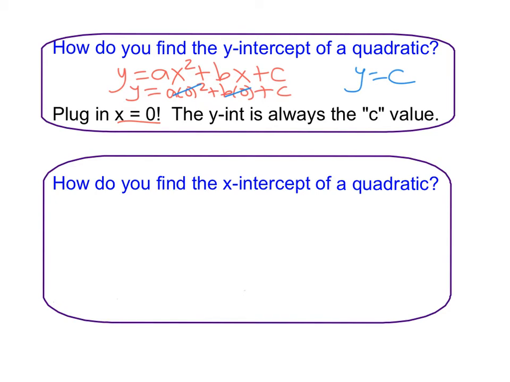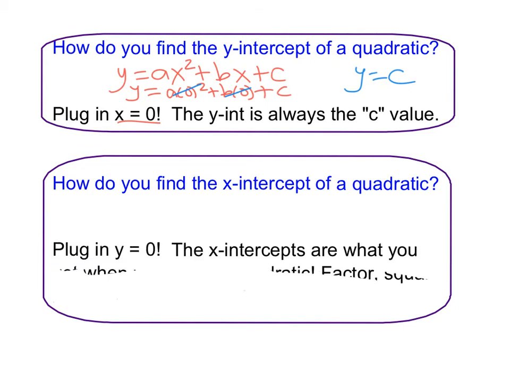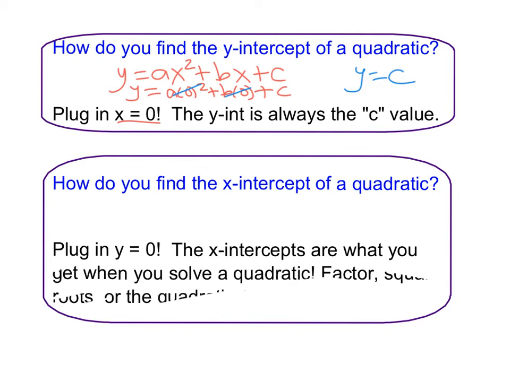To find the x-intercept, that's what we just talked about, that's where we're setting the y equal to 0. We plug in y equals 0. The x-intercepts are what you get when you solve a quadratic using factoring, square roots, or the quadratic formula.